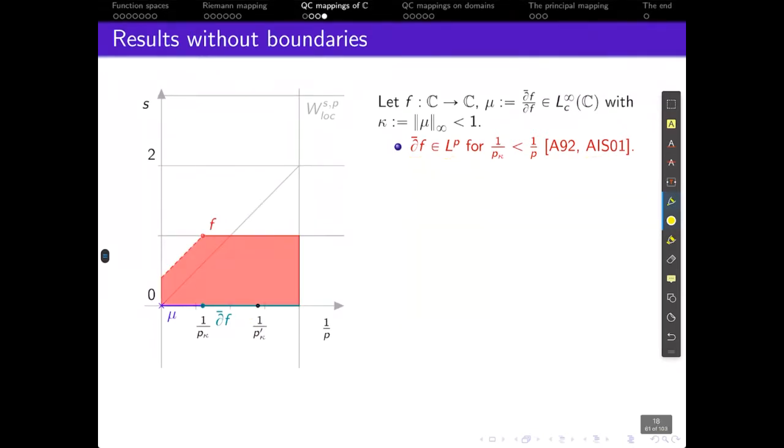This means that if delta bar F is here, then F is here. So the quasiconformal mapping, by assumption, we said that it was Sobolev 1, 2. It's here. But now we get some extra integrability. We get that it is here, Sobolev 1, p. Not at the endpoint, but for every p smaller than p sub kappa. Okay? Yes, it has all this integrability, at least locally.